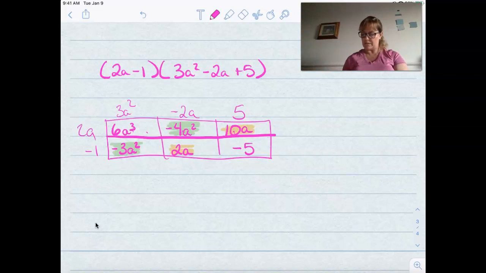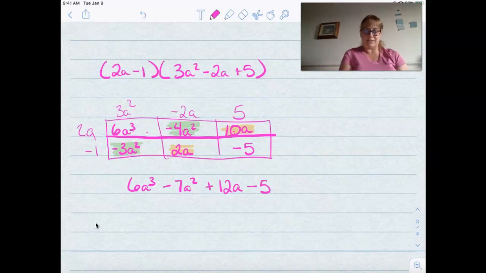So you end up with 6a cubed, negative 4a squared minus 3a squared is going to be a negative 7a squared. 10a plus 2a is going to be a 12a, and then minus 5. And there's your answer. I hope that helps you feel a lot more confident.